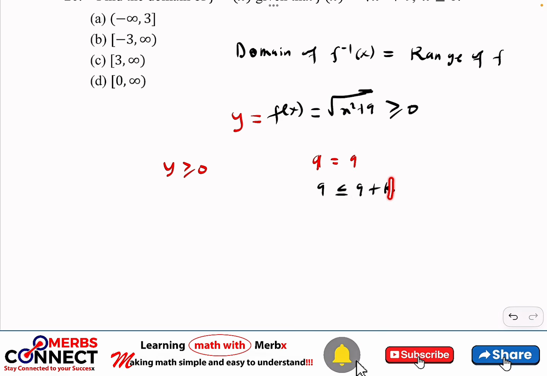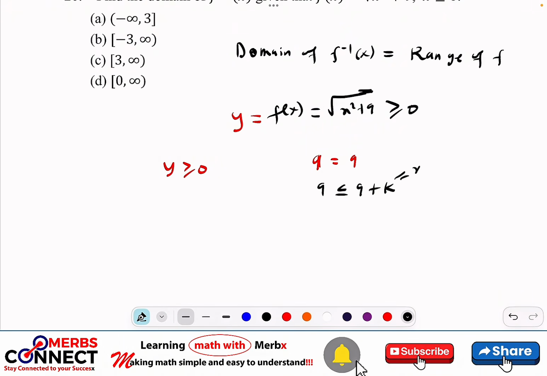But if k is 1, this will be greater than this. So now let's assume that k is equal to x squared, so that we can form this. 9 is less than or equal to 9 plus x squared.